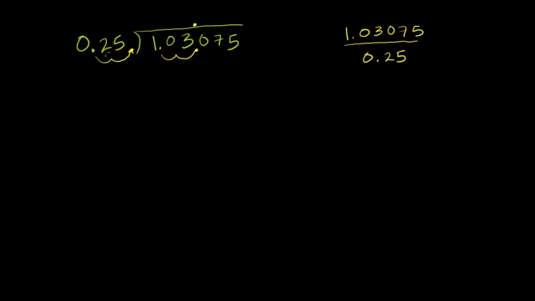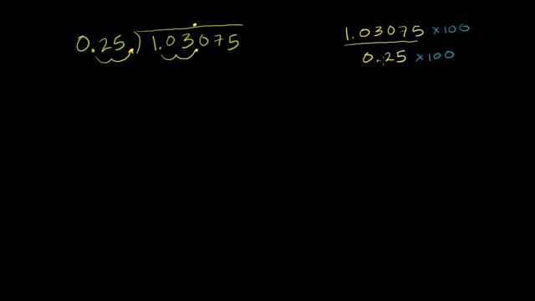And we're multiplying the 0.25 by 10 twice. We're essentially multiplying it by 100 in the denominator. This is the divisor. So we also have to do the same thing to the numerator if we don't want to change this expression. We don't want to change the number. So we also have to multiply that by 100.